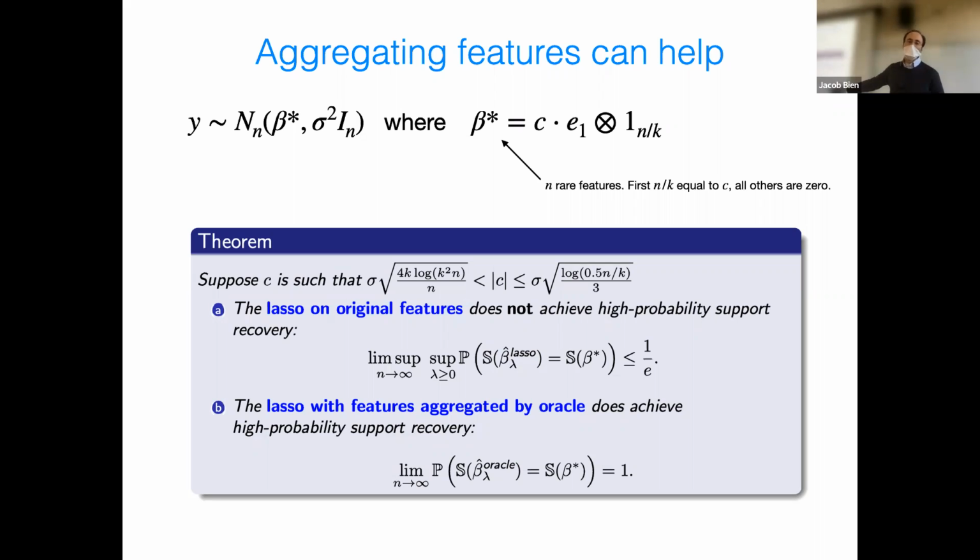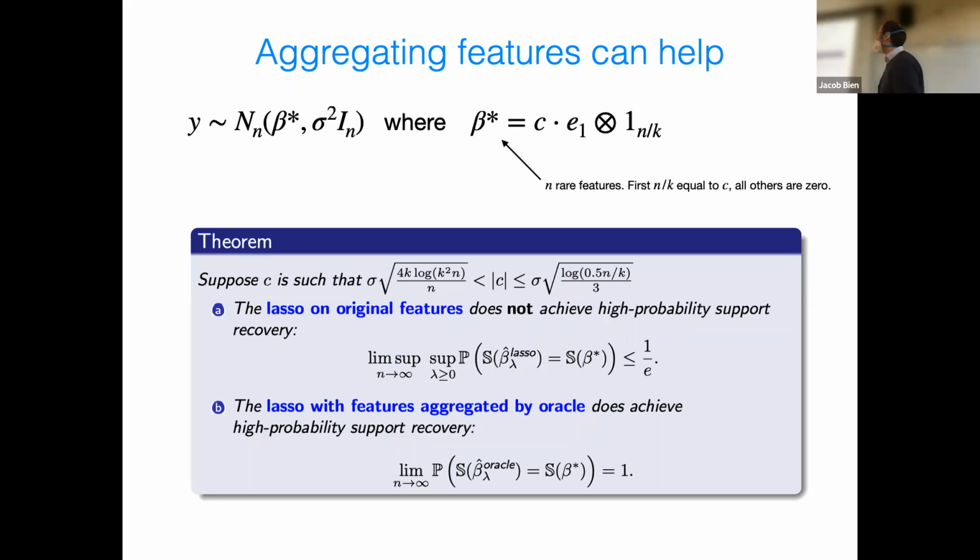Lasso fails, and this aggregation done by an oracle would do quite well. So that seems encouraging. At some level this seems obvious, but it was useful to actually see that this was true before we tried to then solve the problem of how to do aggregation, which we will not do as well as an oracle, of course.